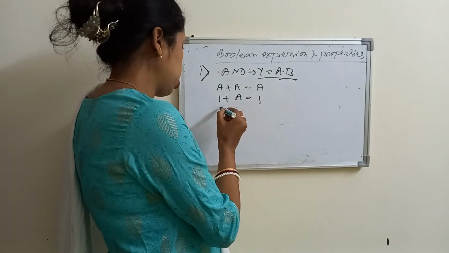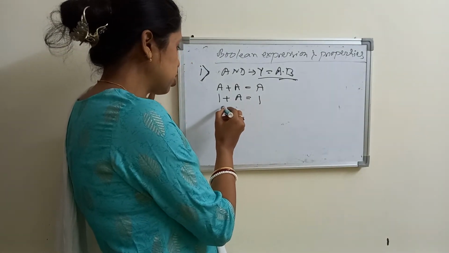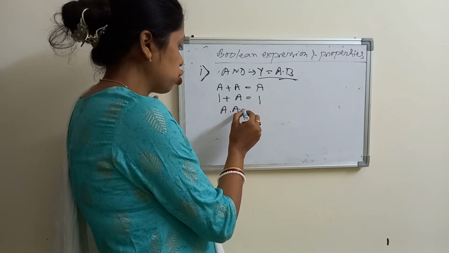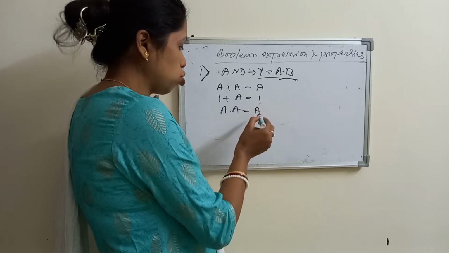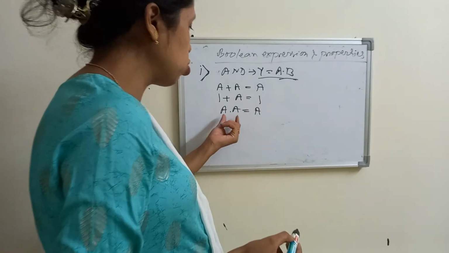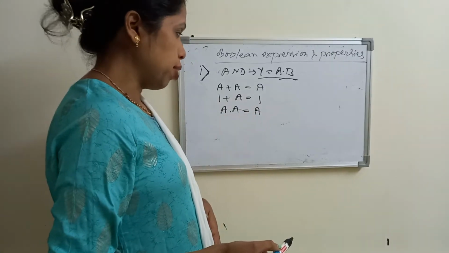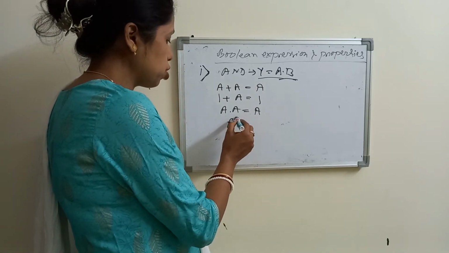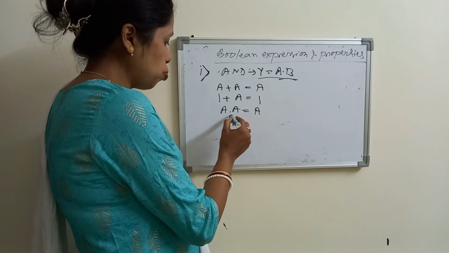Another thing is that a dot a is also equal to a. If you multiply a with a, you will get a, right? Apart from this, there is the double complement.